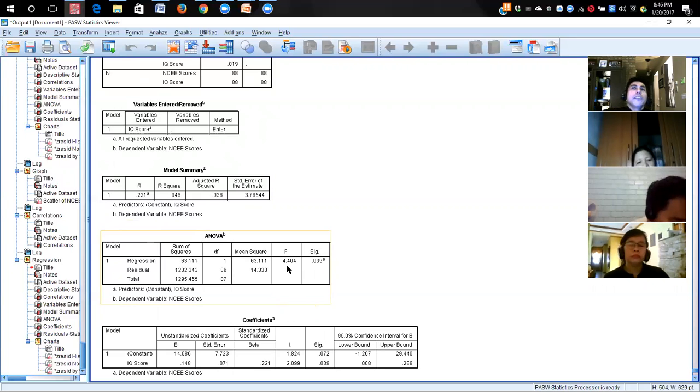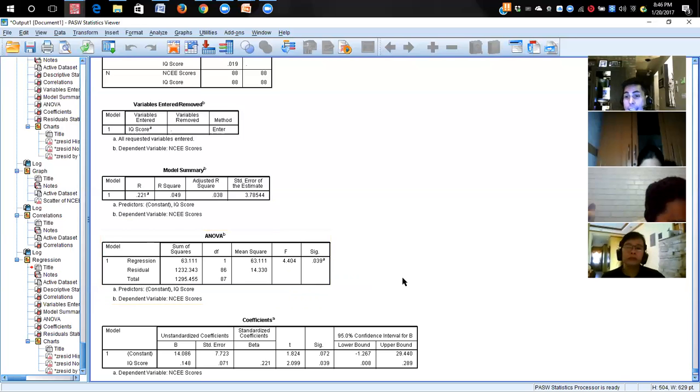It always gives you the normal distribution for the Z-score, and for a t-test, the t statistics at the different significance values, and then this is an F statistics. ANOVA uses F statistics, and for this data set the F statistic is 4.404, and it's 0.039.